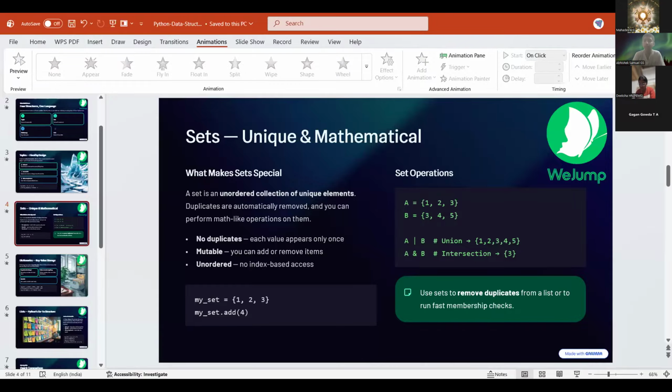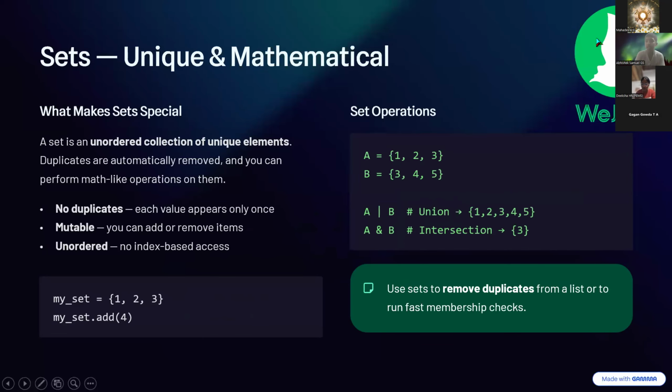A intersection B gives the common elements, the same as sets in math. Coming to the main point, it does not allow any duplicates, which is its speciality.